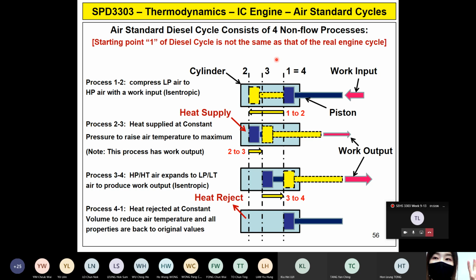We have two things combined together: the conversion of chemical energy into heat energy by combustion, and also the conversion of heat energy into work output.